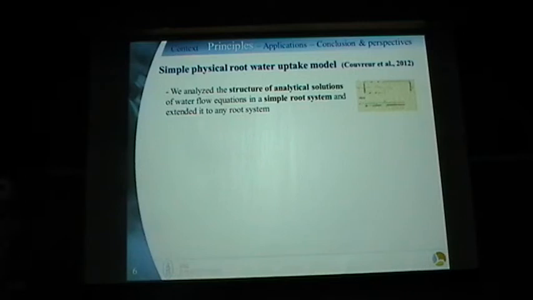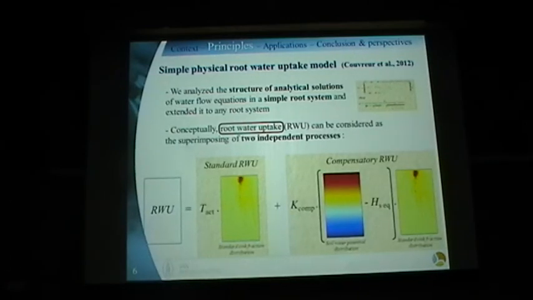And what we found is that the thousands of parameters of each segment of the root architecture could be gathered into some kind of macroscopic root parameters. And we have three macroscopic root parameters that appear. So this is the equation that we obtain when we do that kind of macroscopic observation of the behavior of the hydraulic architecture. And so root water uptake, here we have, for instance, a root water uptake in 2D.